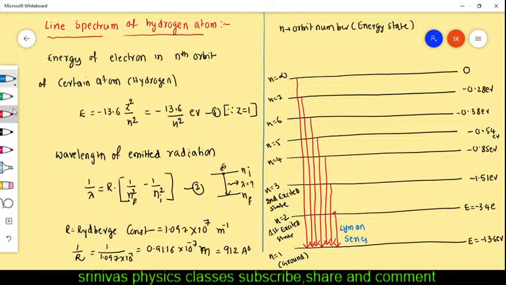If transition occurs to the second orbit, from where will it occur? From outer orbits. Outer orbits means what? Transition occurs to second from either third or fourth or fifth or sixth, like that, right?